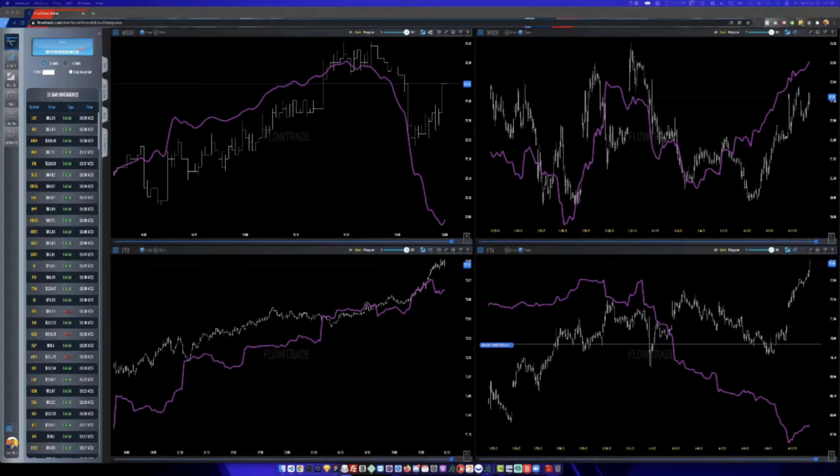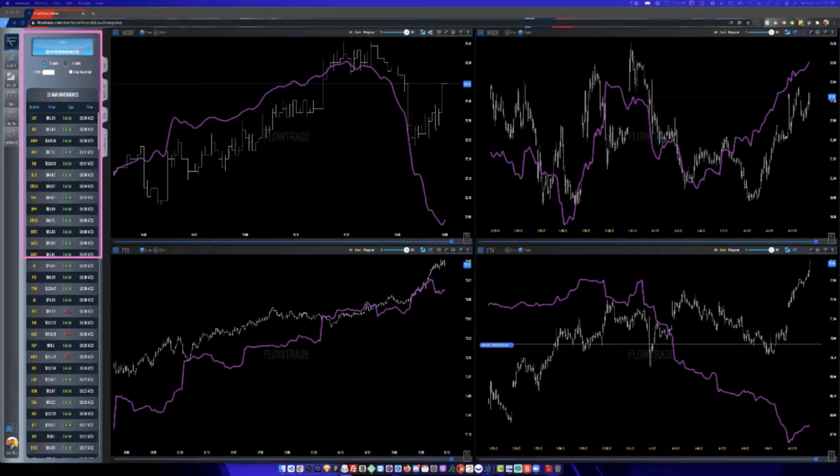What you see in front of you is the Dark Pool Algo, the FlowTrade backend. In particular, we're going to be looking at the Divergence Scanner that they provide. This runs in real time.